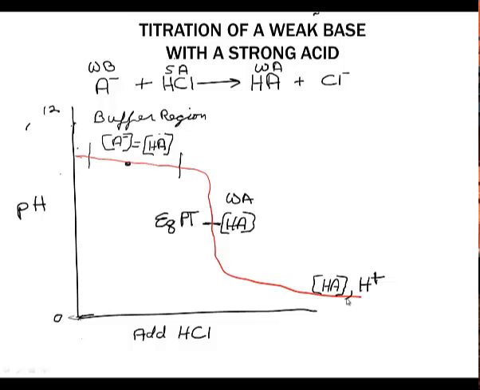Once I get down here in the low part of the curve, I definitely have some weak acid, but more importantly, I have a concentration of strong acid, and if I wanted the pH, I would get the pH only from the excess strong acid. Similarly to getting the pH of a weak acid strong base titration from the excess hydroxide, in a weak base strong acid titration, I get the pH only from the excess strong acid.